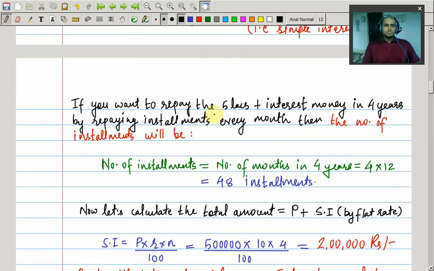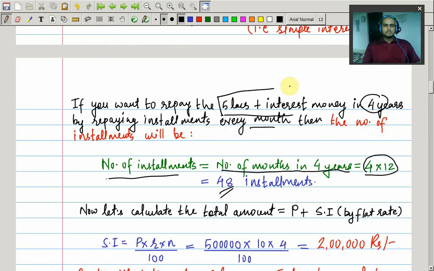If you want to repay the 5 lakh plus interest amount in 4 years by repaying installments every month, so 4 years every month, so how many installments? So the number of installments will be number of months into 4, so 12 into 4, 48 installments. So I want to repay that 5 lakh plus interest in 48 monthly installments.